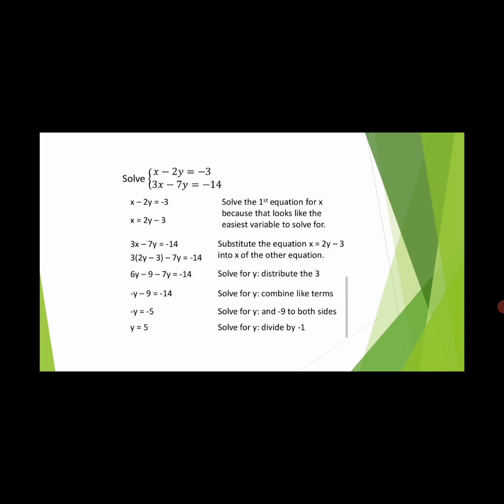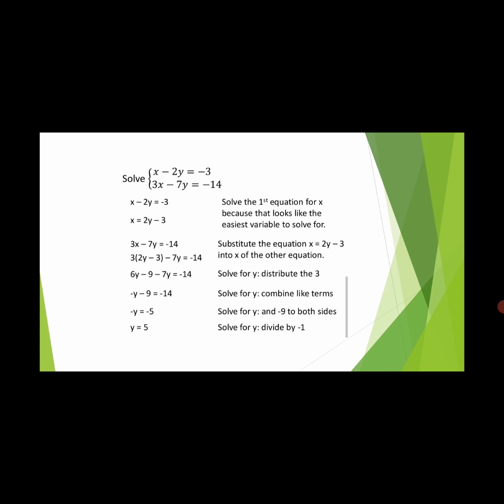Example, x minus 2y equal to minus 3, and 3x minus 7y equal to minus 14. First we have to solve the first equation for x, because it looks like the easiest variable to solve for. X equal to 2y minus 3. Then substitute x equal to 2y minus 3 into the x of the other equation, 3x minus 7y equal to minus 14.